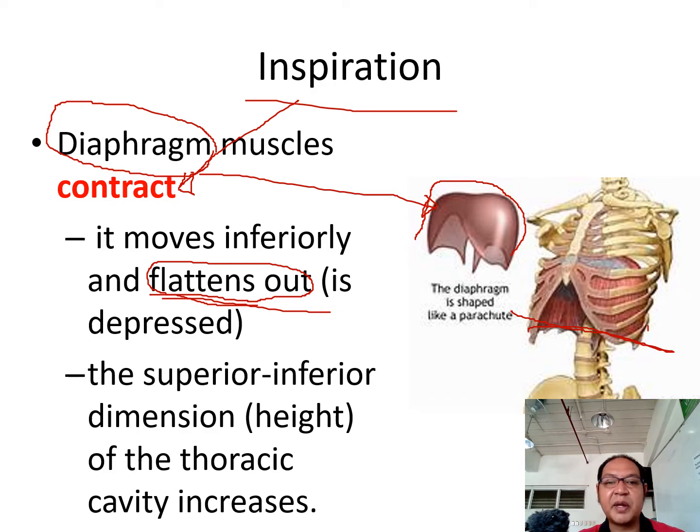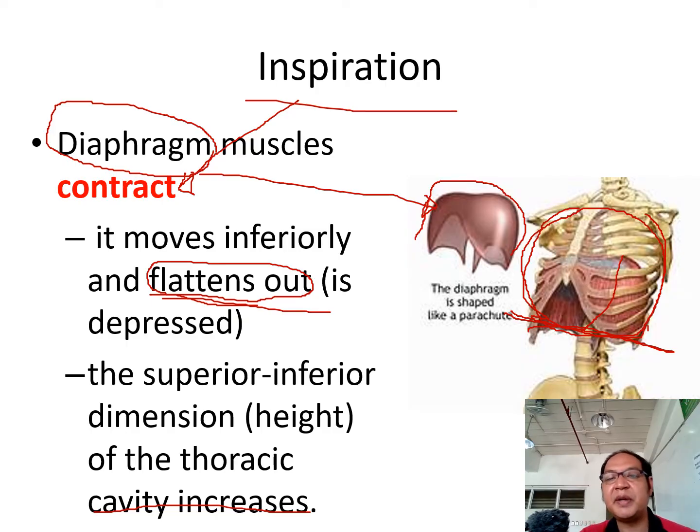Take note of the superior and inferior dimension. Here, the superior dimension and the inferior dimension of the thoracic cavity increase. Because when this one flattens, the diaphragm goes down, increasing now the size of the thoracic cavity.